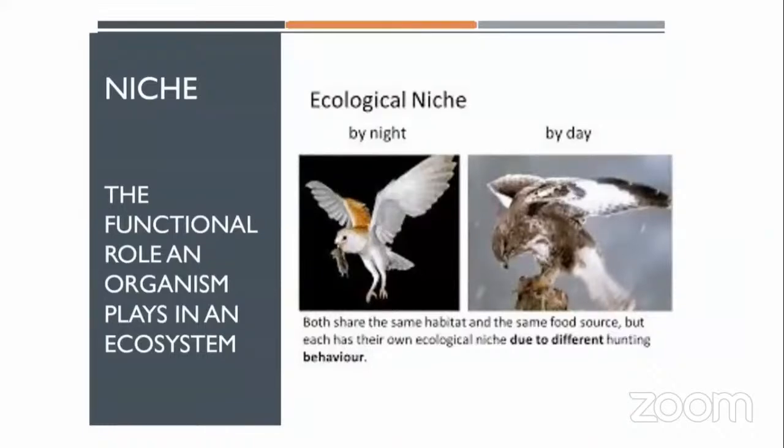You can see that both share the same habitat and the same food source, but each has its own ecological needs due to different hunting behavior. So they probably adapt to this functional role to avoid competition.